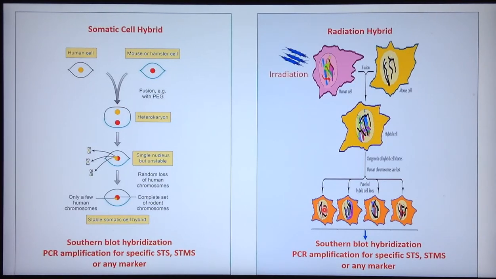So it's the same thing as we do in genetic mapping. If two genes are very close to each other, there is a high possibility that they will not be separated in the process of crossing over. Likewise here also, if two genes are very closely located on the chromosome, there is a rare possibility that radiation would fragment these genes or loci, so they will be present in the same radiation hybrid rather than in different radiation hybrids.